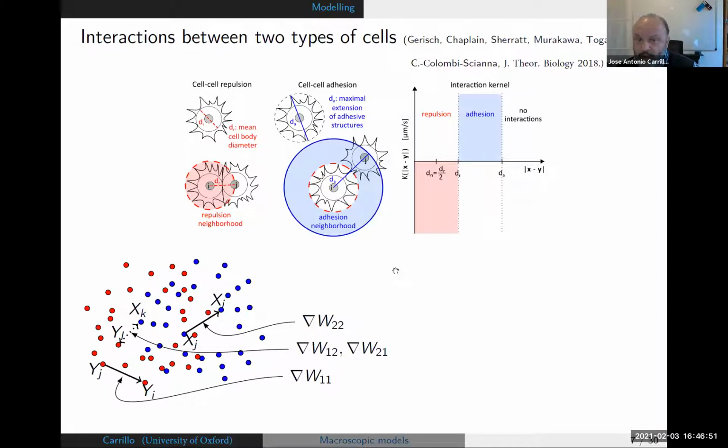So here, the assumption I'm going to make is that the potential is very strongly repulsive if the distance between the cells is smaller than a certain value. And this value I usually take as twice the typical size of the nuclei of the cell.